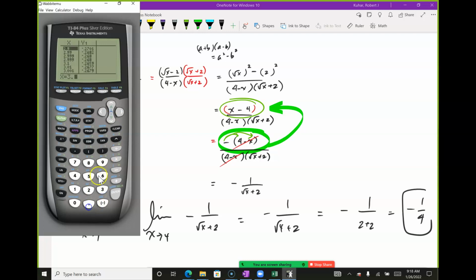And remember, I'm trying to get close to negative 0.25, a negative 1/4. And look at that right away, it's right on it. 3.99, 3.999. And look at my calculator at 3.999, I've already got negative 1/4. I don't need to do the other side.